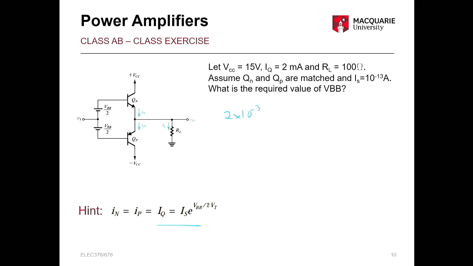Our IQ is 2 milliamps, and that's going to be equal to 10 to the minus 13 times e to the power of VBB over 2 VT. We know our VT, that's our thermal voltage. If you're not given it, we can assume 25 millivolts there.